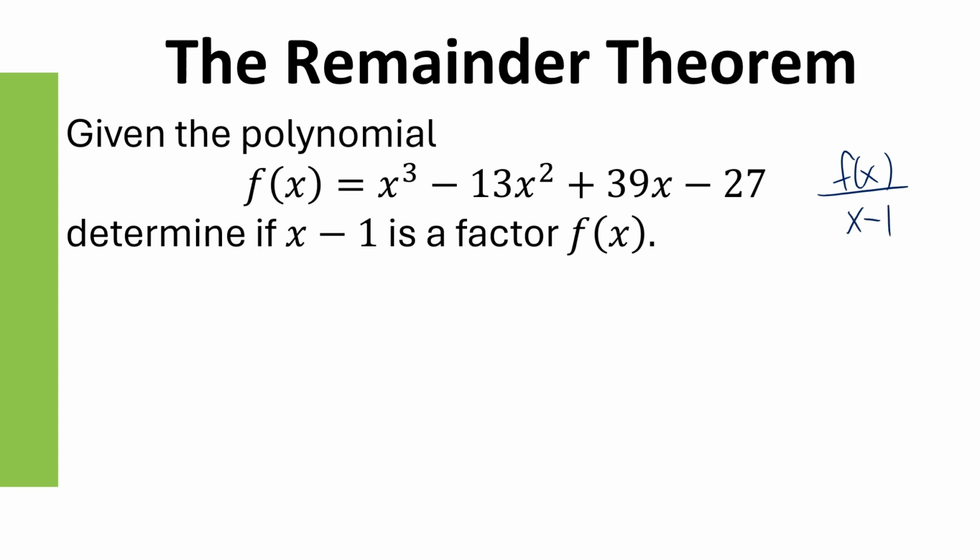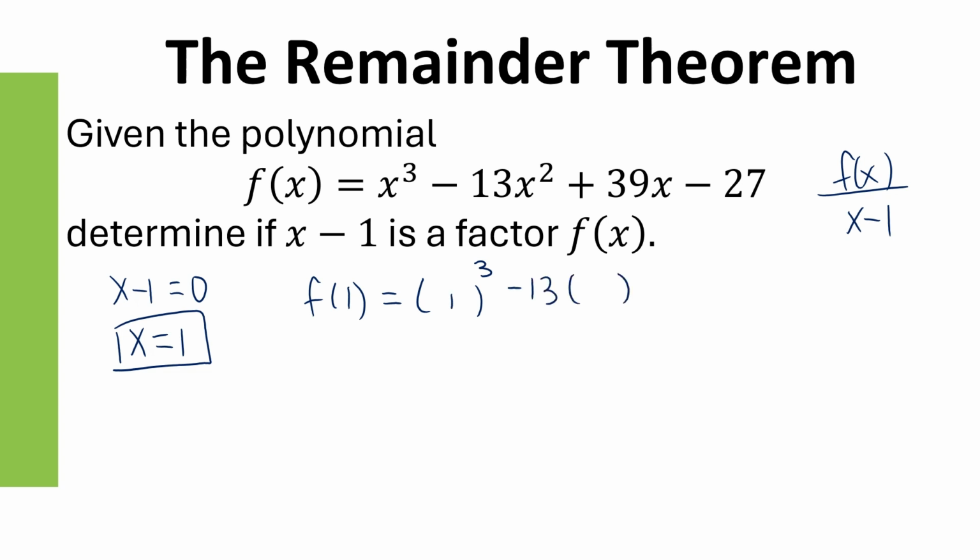Again, the shortcut is the remainder theorem, where we set our divisor x minus 1 equal to 0 and solve for x, which is 1. If we plug 1 into our function, it's going to give us our remainder. So that's 1 to the third power minus 13 times 1 squared plus 39 times 1 minus 27.